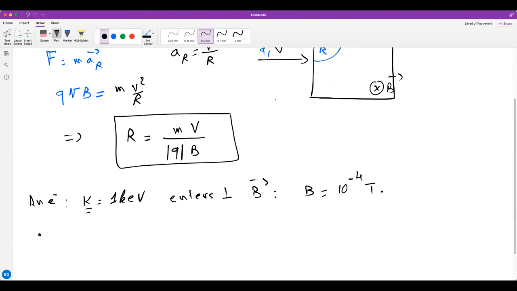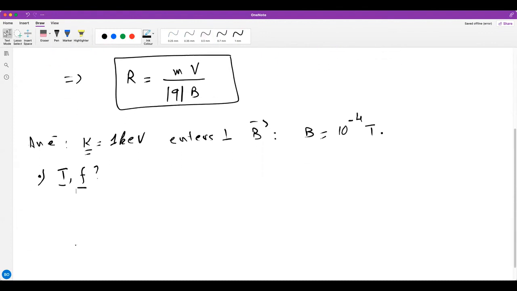So one question will be, what are the period and frequency of its circular motion?